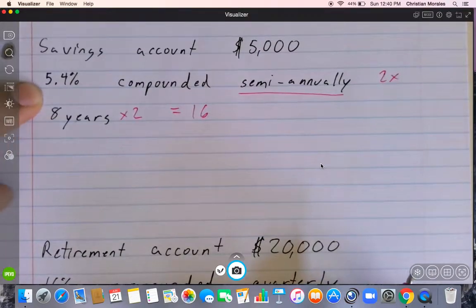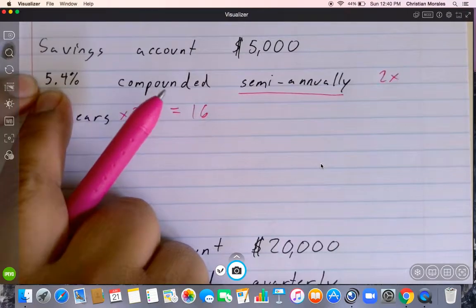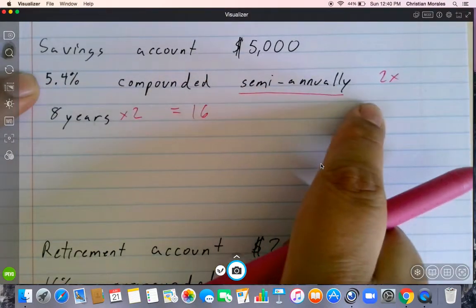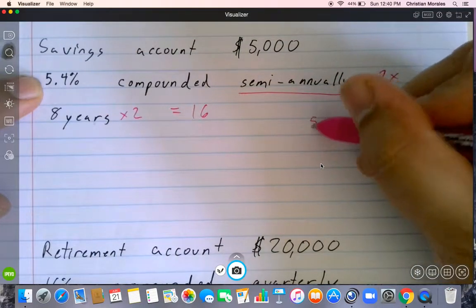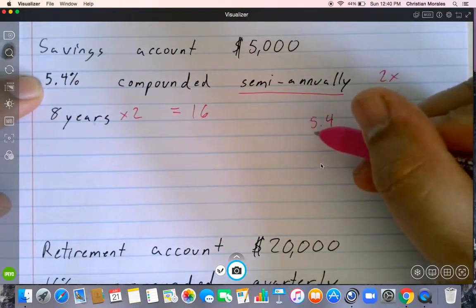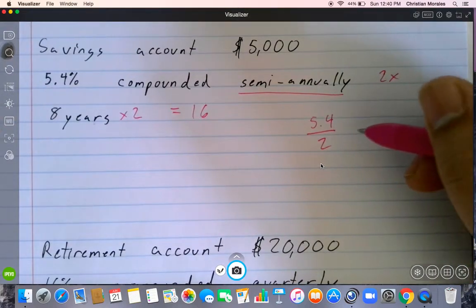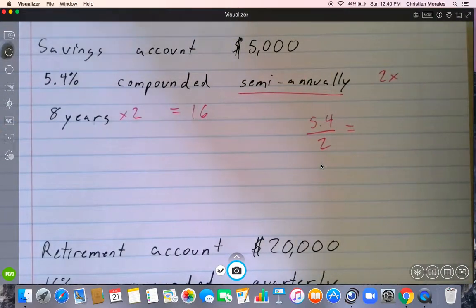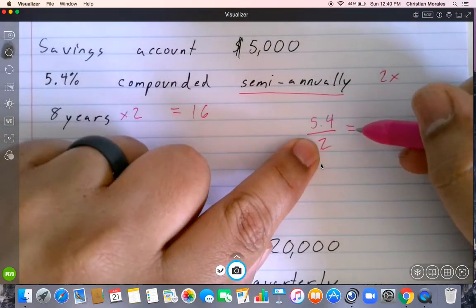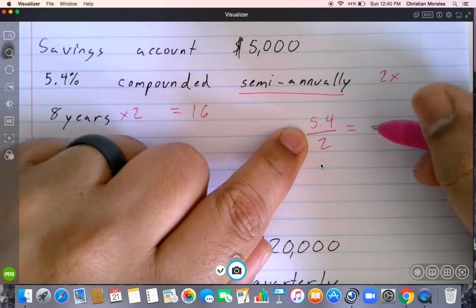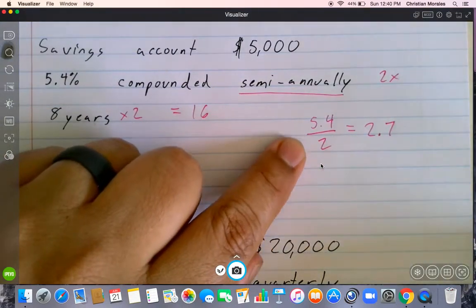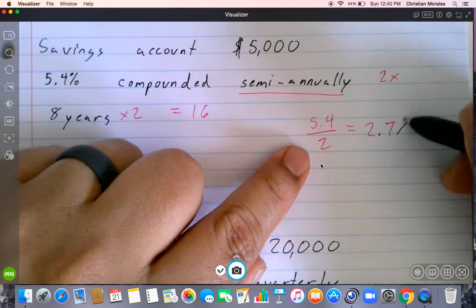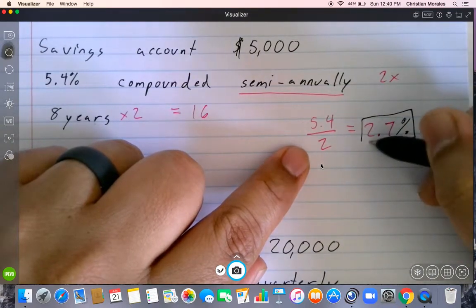Because it's twice a year, they're going to split this up. They'll take the 5.4 and split it in half. So you'll get one half, let's say in June, and you'll get the other half in December. So you would take 5.4 divided by 2, and you would get 2.7 interest. So this would be your new interest rate in the problem.